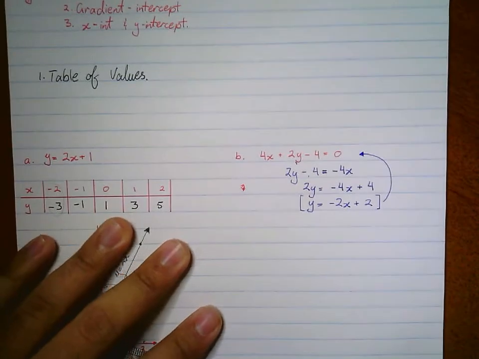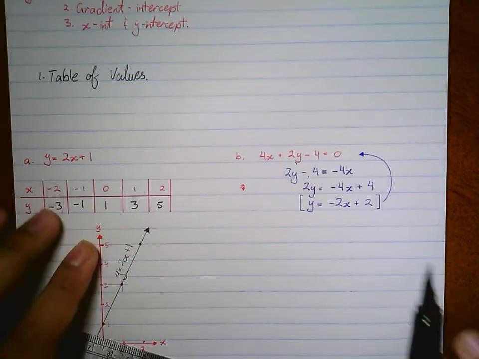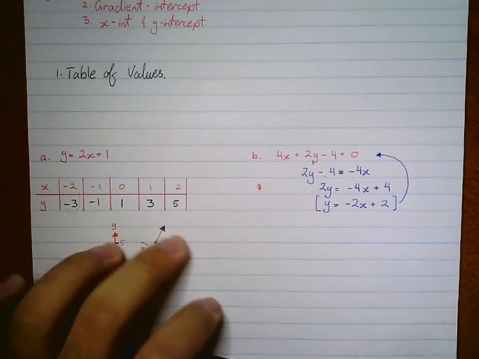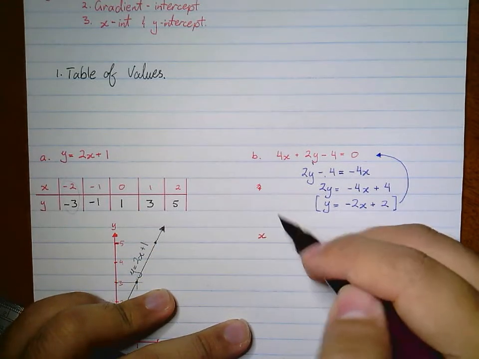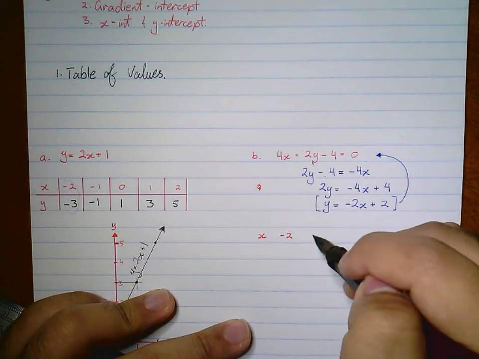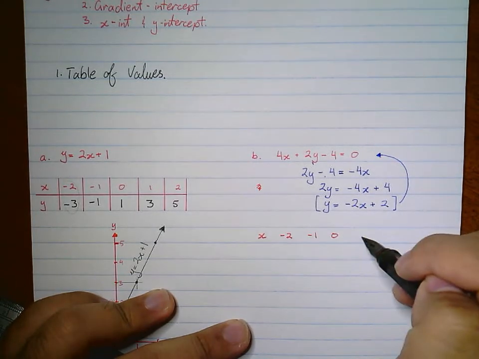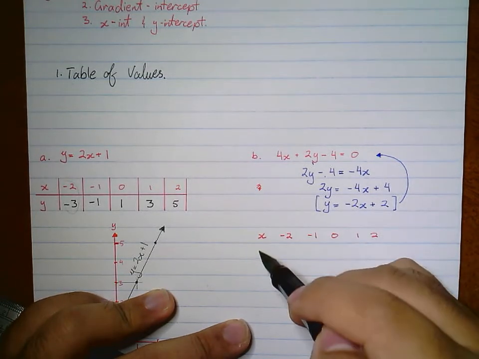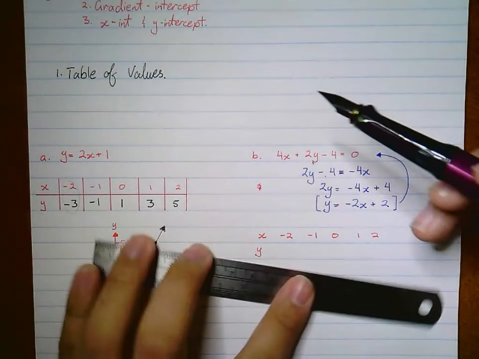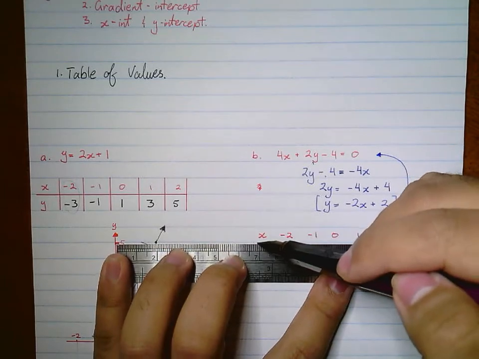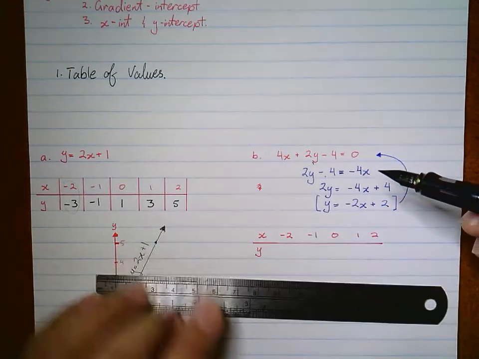Okay. And then I always just use the values negative 2 until 2. So here's my table of values. x from negative 2, negative 1, 0, 1, 2. And I'll leave that blank, drawing my little table of values ready to be filled.